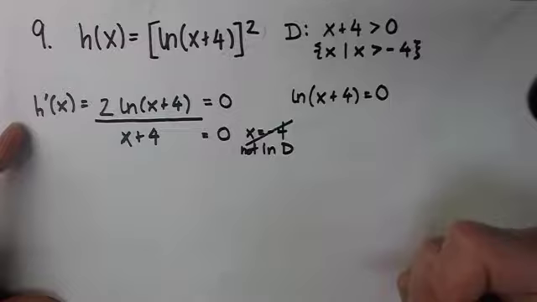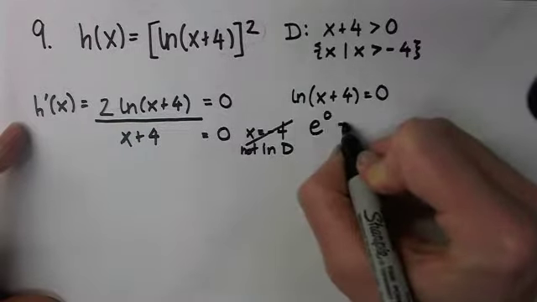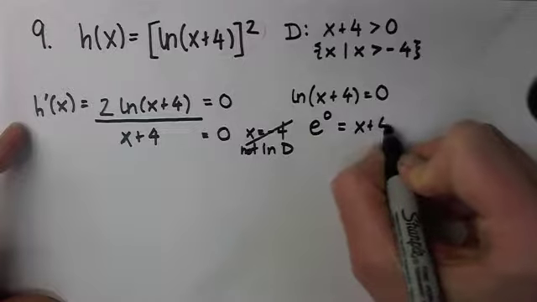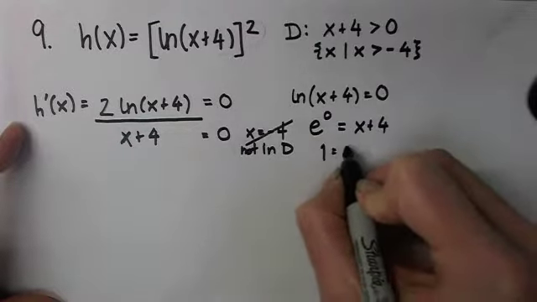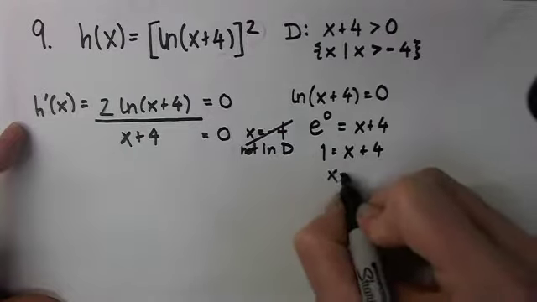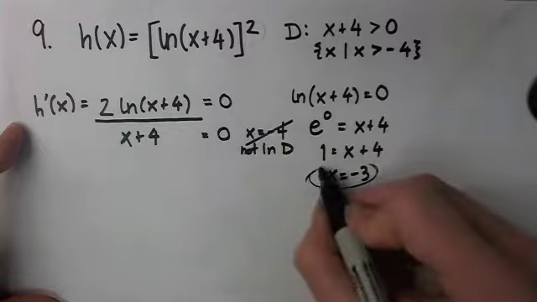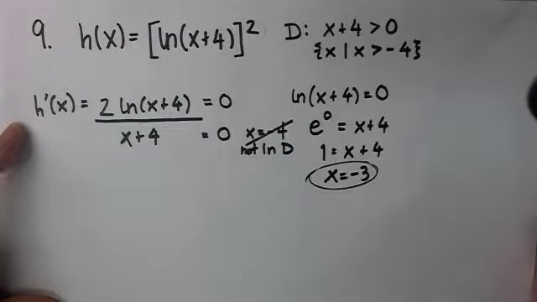Converting this into exponential form, the base is e, the power is 0, and it equals the argument. Anything to the 0th power is 1, so we get 1 equals x plus 4. Subtract 4 over to the other side, and our critical number is -3, which is in the domain.